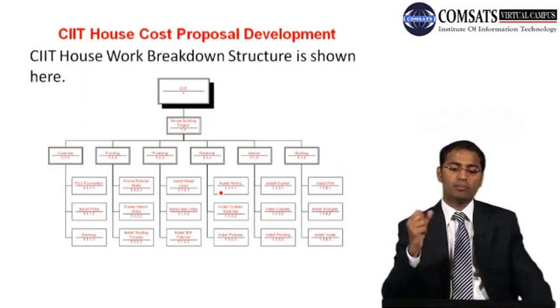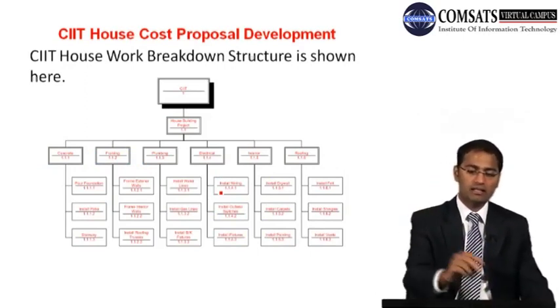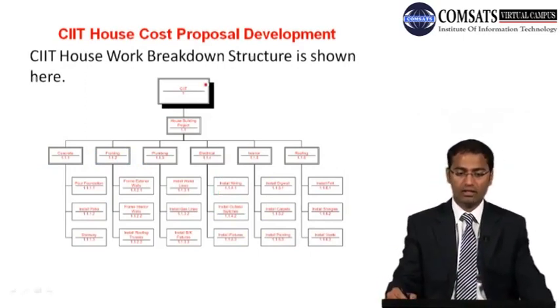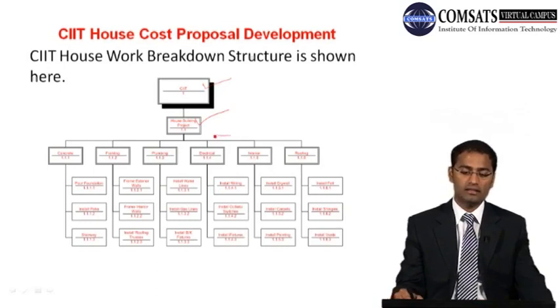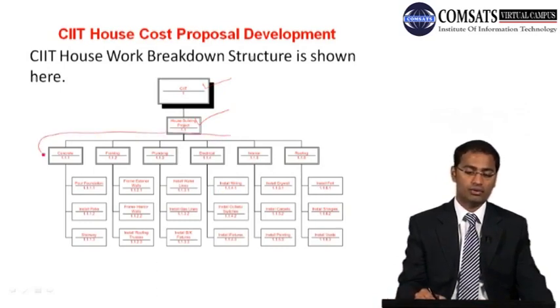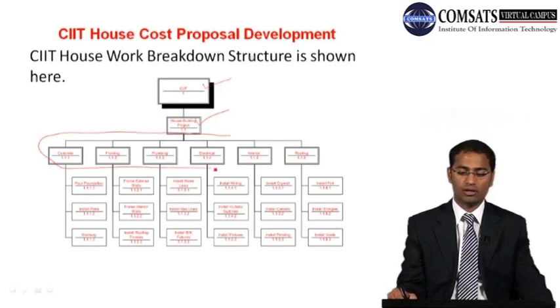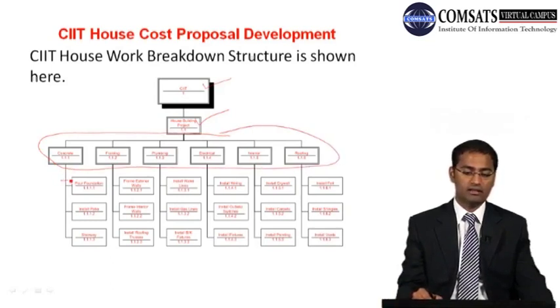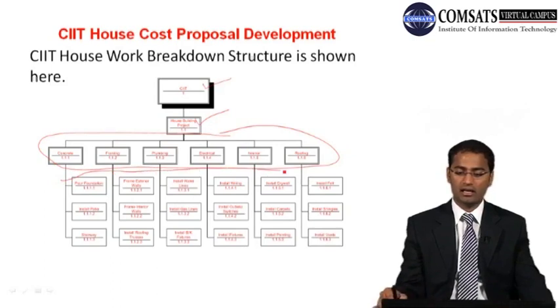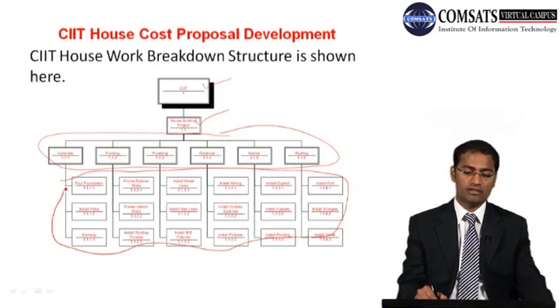So this is the breakdown structure over there, and we have this organization or program, and this is the project we are running, and these are the control accounts. The other day we were talking about level 3, and the remaining 18 are the work packages we are considering.